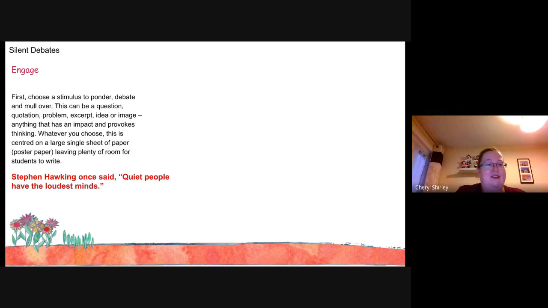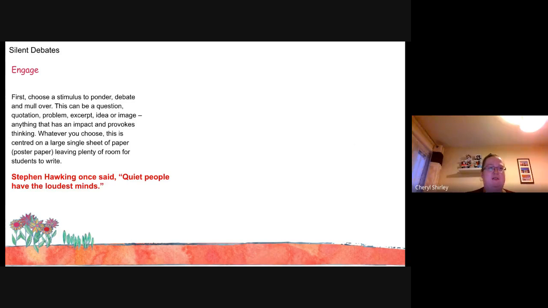It can be a quote, a problem, or an image, and typically you could have it on a really large piece of paper in a group situation, and the children could have different coloured pens and write what they think about a certain subject.